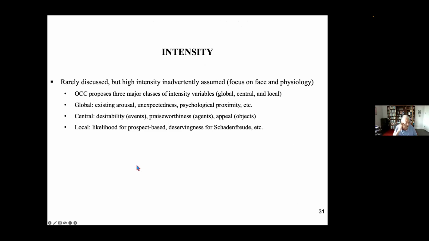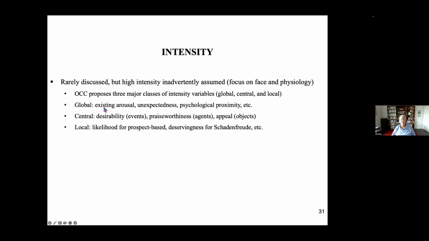Okay, I'll have to move on a little faster now to the intensity question. As I said, it's rarely discussed, but high intensity seems to be assumed by a lot of theoretical work because they're always assuming that it has measurable features which it may not have. We proposed three major classes of intensity variables as we did in OCC 1, what we call global, central, and local.